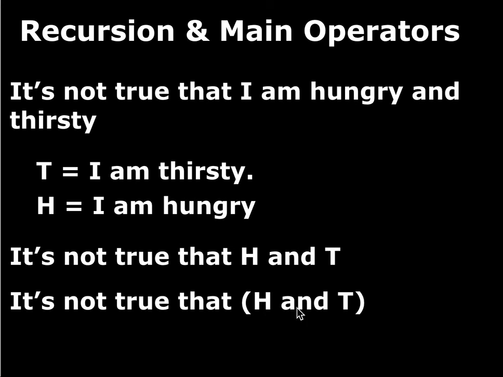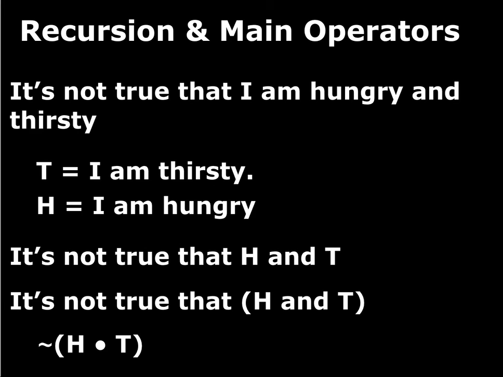It is not true that H and T. So I put parentheses around this to mark off that this is a conjunction and this whole thing is negating that conjunction. This we would translate as tilde (H and T). So I'm using parentheses to specify the structure of the components here. I'm going to talk more about that later. Hopefully that's pretty intuitively clear what I did there.